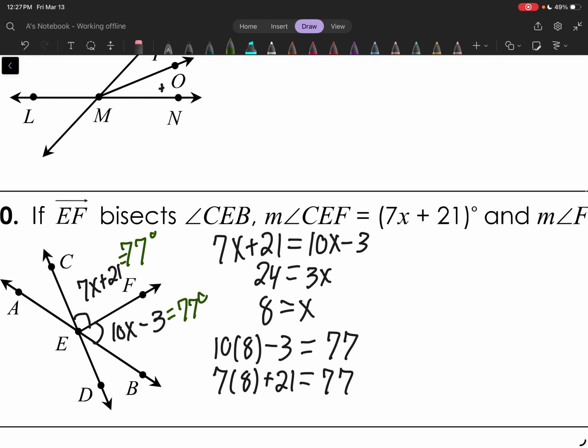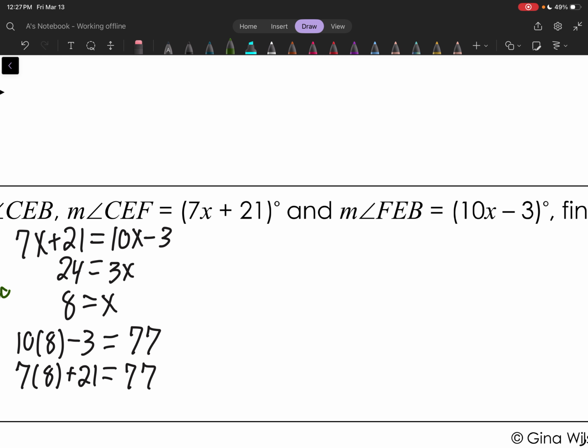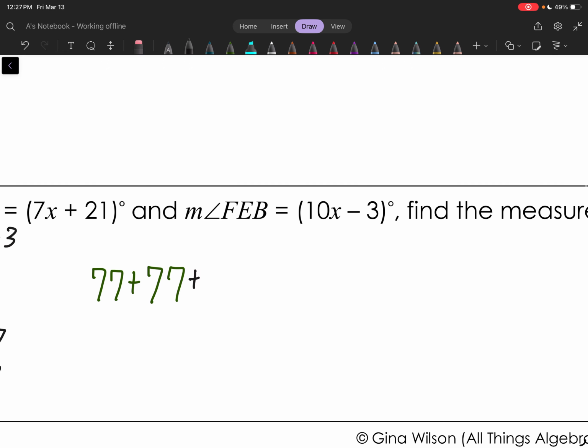Find the measure of DEB. DEB is this bottom corner. While that might look a little bit hard, considering CEF and FEB are not in it, I want you to notice that this is a straight line. Therefore, the sum of all three angles will be 180. So 77 plus 77 plus the angle DEB, which is what I'm looking for, equals 180.